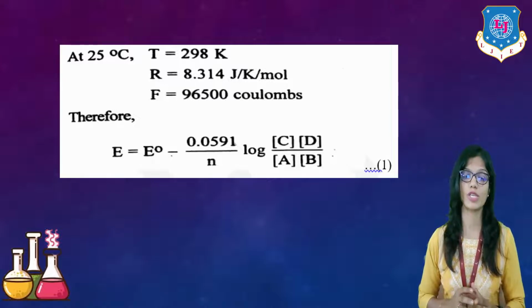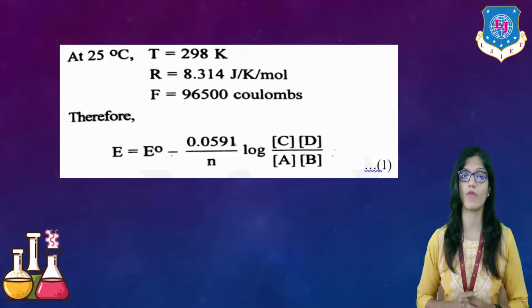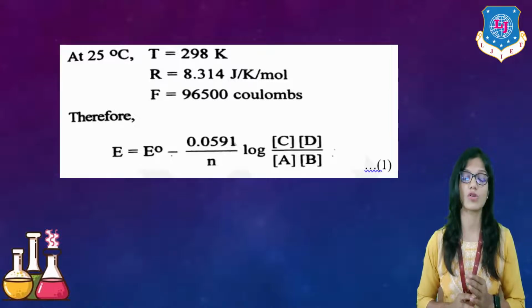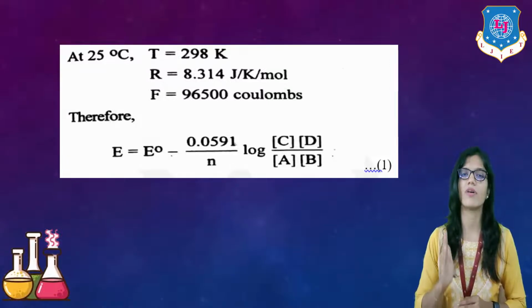If you put all these values in our previous equation, we will get E is equal to E0 minus 0.0591 divided by n log of the concentration of C into the concentration of D divided by the concentration of A into the concentration of B. That is our equation number 1. We just have put the values of R, T and F in our equation.